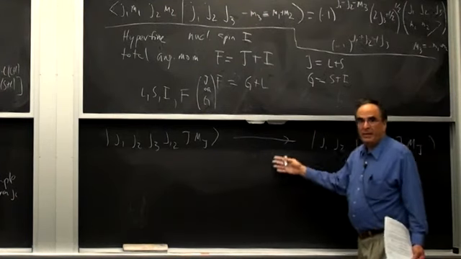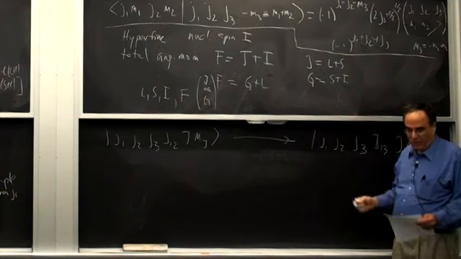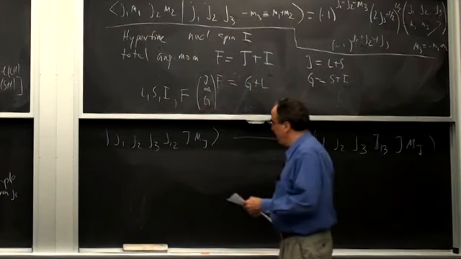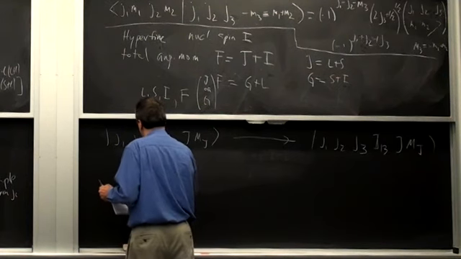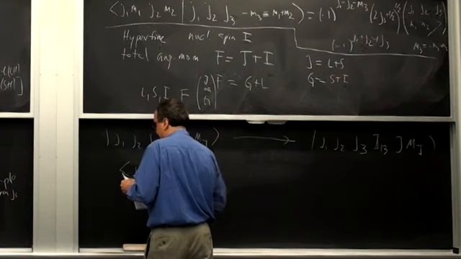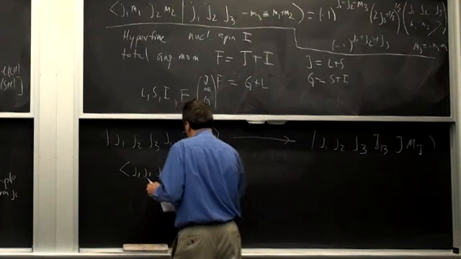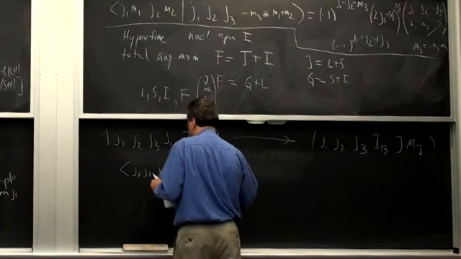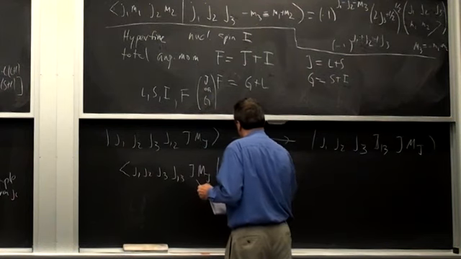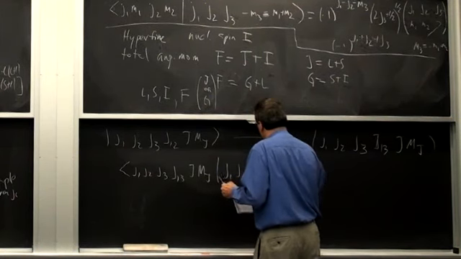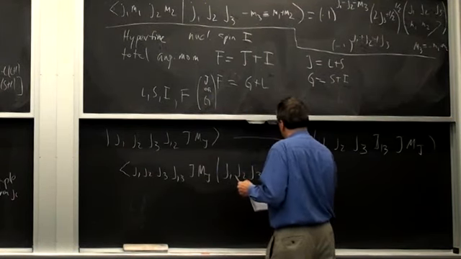You could do this by these 4 steps, or you could simply say that the transformation coefficients between the 2 basis sets, J1, J2, J3, J12, J, MJ.